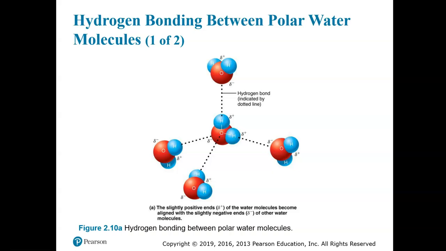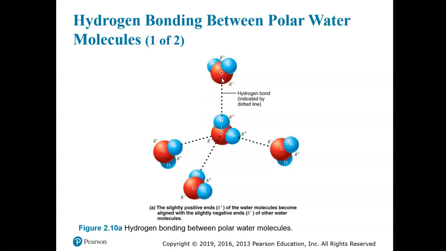So one thing you might notice is that when it rains on the windshield of your car, the rain forms droplets. Or if you spill water, it forms puddles and little drops. That is because the water molecules are attracted to one another. That is a property called cohesiveness. They're cohesive because the oxygen end of one water molecule will line up and face the hydrogen end of another water molecule.